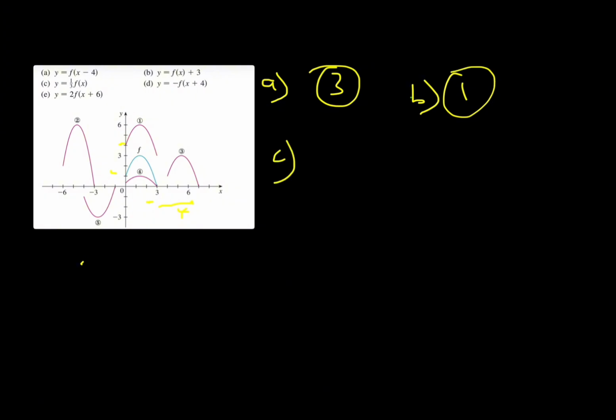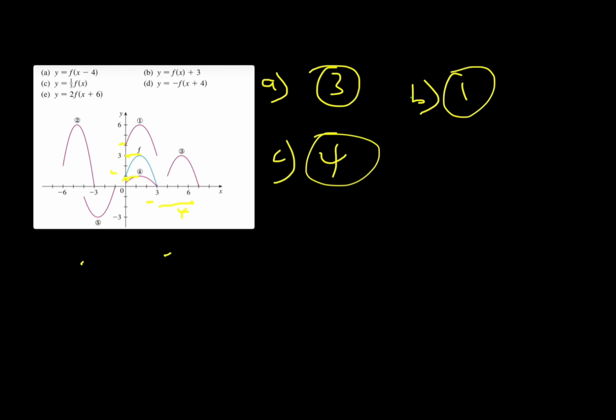Let's look for C. C is 1/3 f of x, meaning that f of x has shrunk vertically by a factor of 3. Consider this one, f of x was at 3, and now it's at 1. The apex was initially at 3, now the apex is at 1, meaning that it has shrunk by a factor of 3. So C happens to be equation labeled 4.